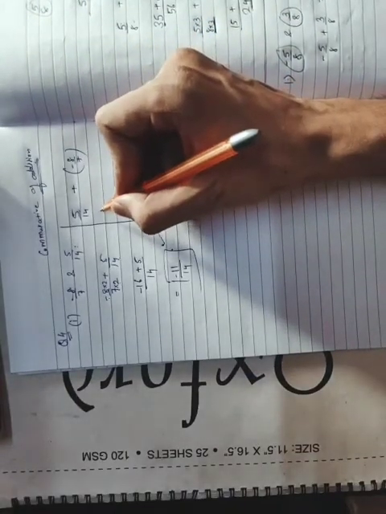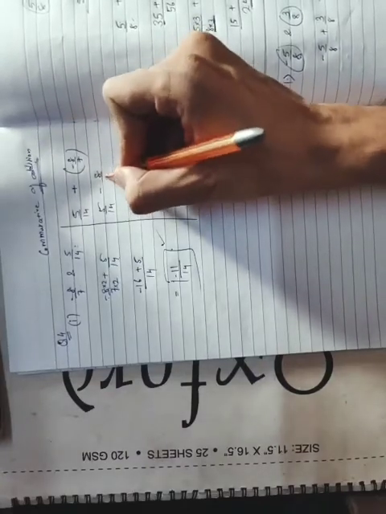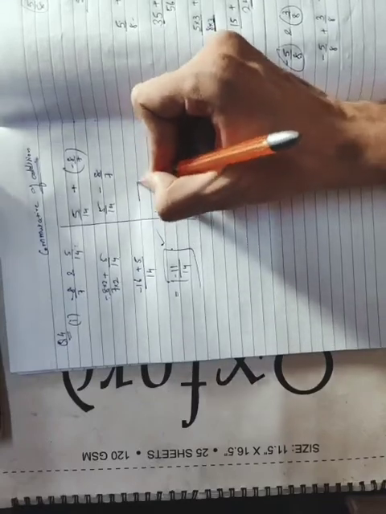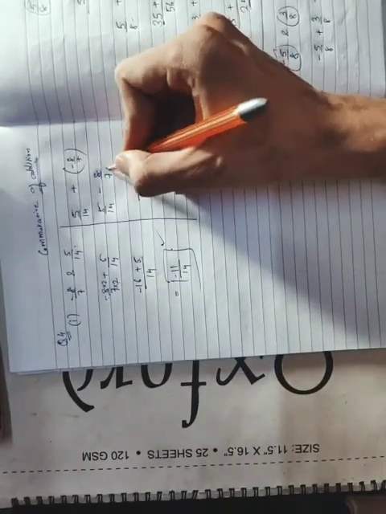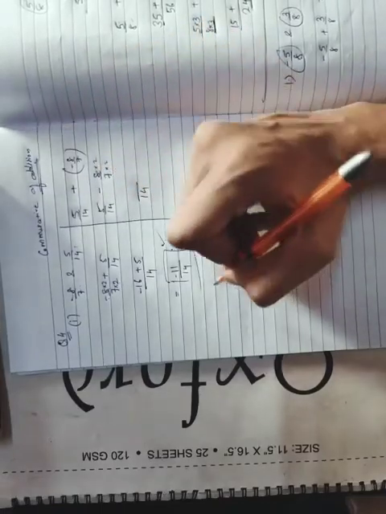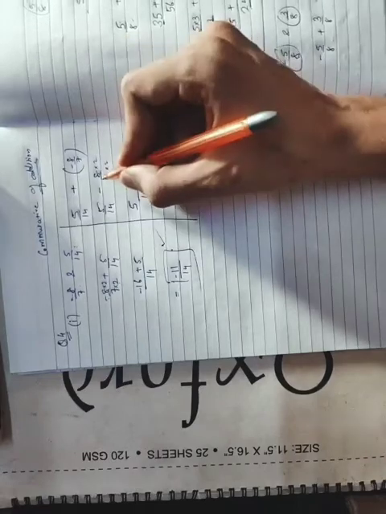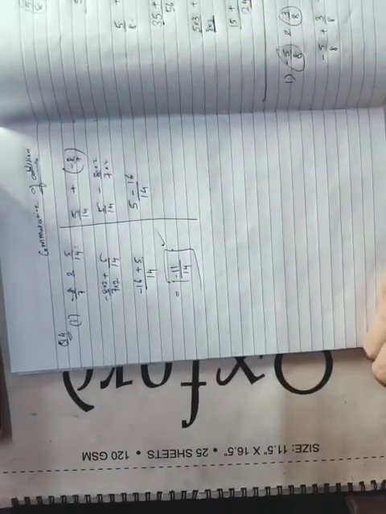That becomes 5 by 14 plus into minus, minus 8 upon 7. LCM again is 14. How did you make 7 into 14? Into 2. So into 2. Now it is 5 minus 16.